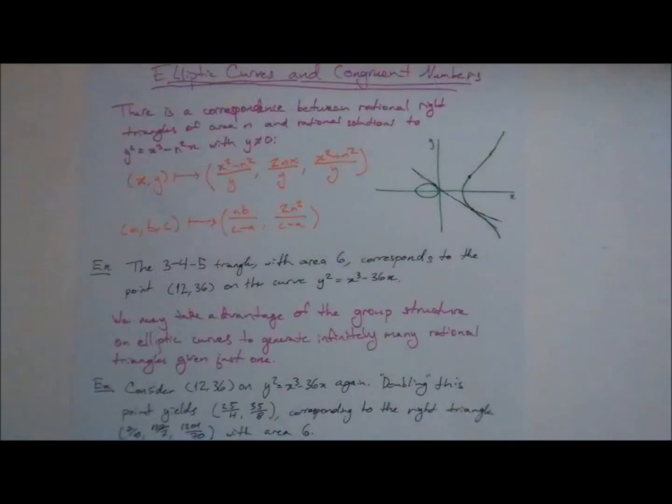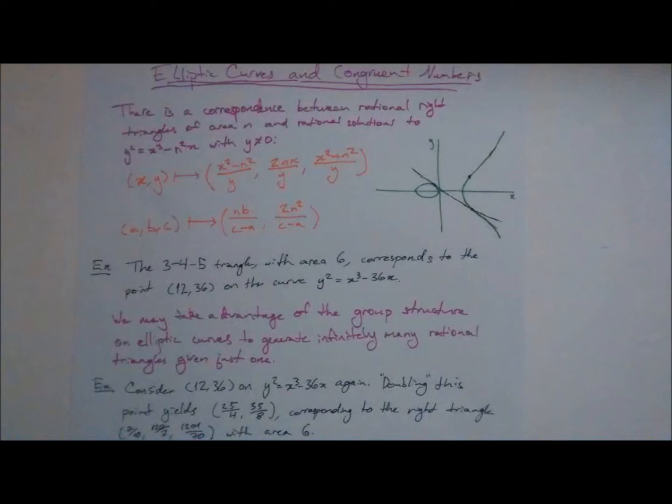So it turns out that there is a one-to-one correspondence between right triangles of rational side length with a given area and non-trivial rational solutions to an associated elliptic curve. You can check for yourself that the formulas I've given here define a bijection. However, where it really gets interesting is when you're able to apply the algebraic structure of the elliptic curve to rational triangles.